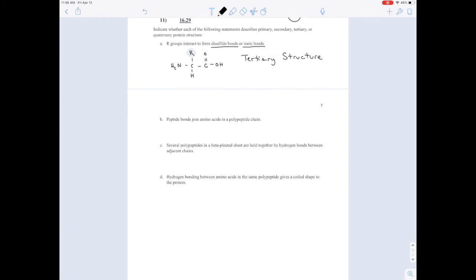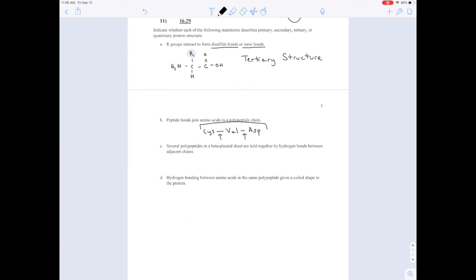Okay, how about B? It says peptide bonds join amino acids in a polypeptide chain. So you'd have like cysteine bonded to valine, bonded to aspartic acid. When the peptide bonds, which are these bonds between the amino acids, join amino acids, they join them in a certain order.